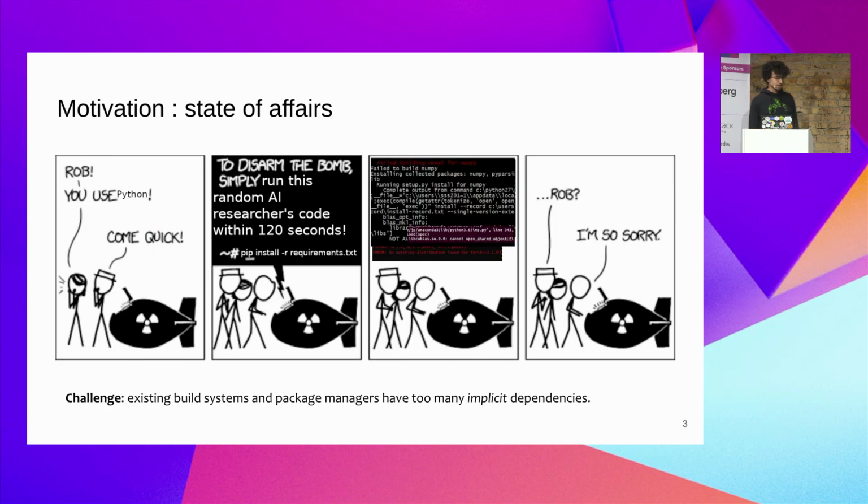So I think everyone is quite familiar with the state of things related to this picture. What I want to take away from this picture is that currently our package managers, our build systems, have too many implicit dependencies. By implicit dependencies, what I mean is that if you take a project, like maybe a Python project, a Java project, whatever, you can describe a lot of things in the metadata of the package, but you cannot describe very fine-grained things like, for example, this package requires a very specific GPU architecture.